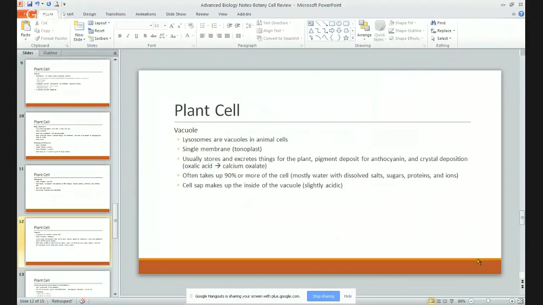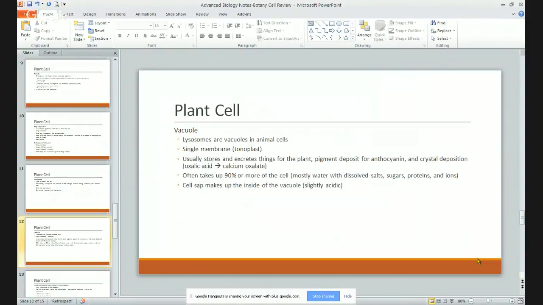Another job that your vacuole can do, so there's different vacuoles, just like there were different plastids, there's different types of vacuoles. It's a very generalized term. Another thing that your vacuoles can do is they can be a deposit for anthocyanin, which is a pigment.